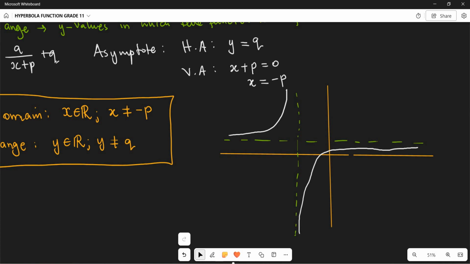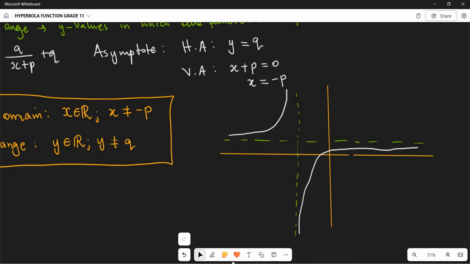Note, I want you to draw both arms of this function without lifting your hand. So if I try from the negative infinity, there it goes, then I draw. But for me to move to the next one, what happens? I will have to lift up my hand so that I start drawing the other arm.